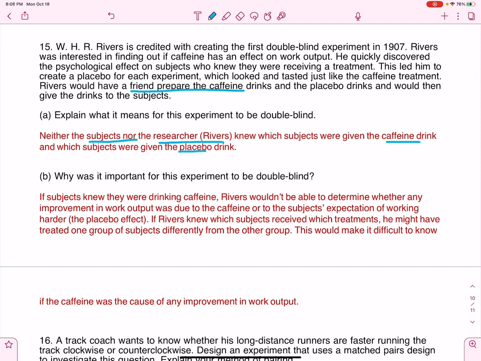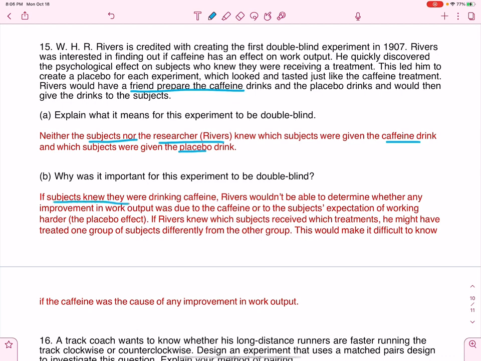Part B asks, why was it important for this experiment to be double blind? Well, anytime you think people are going to behave differently if they think they're getting something, or if you think the researcher is going to treat people differently based on what they know they're getting. So I've got it written out here.